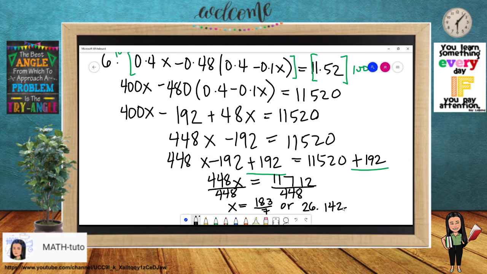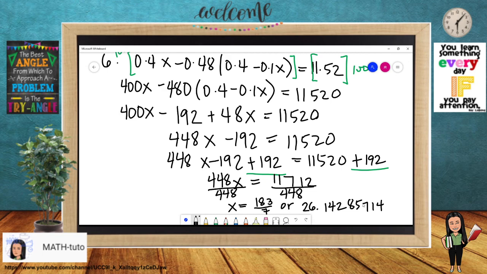Pero yung 183 over 7 is an acceptable answer kasi itong 26.142 inestimate, actually 143 pala siya. Chinek ko. Kung ni-round to the nearest decimal place. Pero yan ay 26.14285714. Yan yung buong value niya.